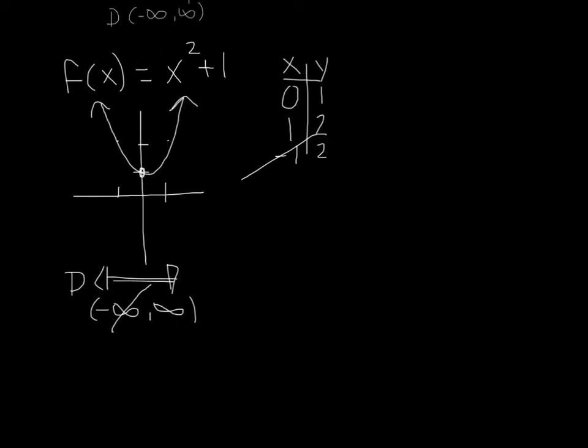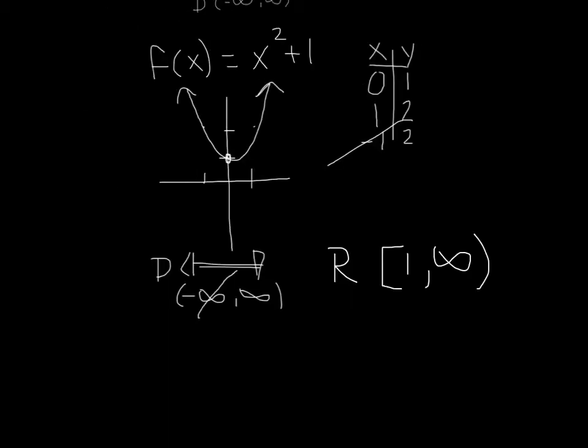Well, what we see is the graph has a lower bound right here of positive 1, and then it goes up to infinity. So we'll write the range as bracket 1 comma infinity, because it goes from 1 up to infinity.